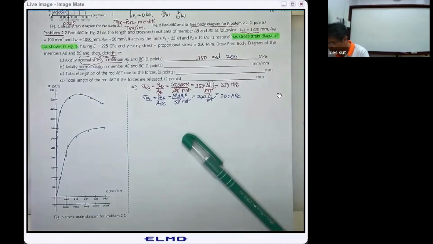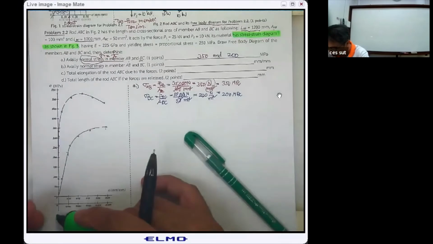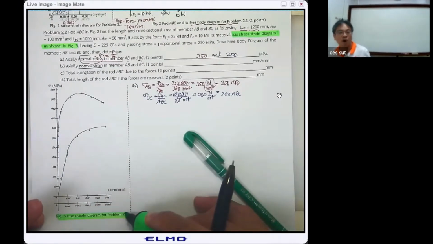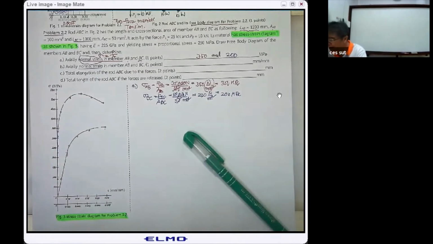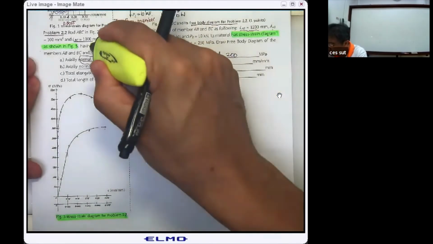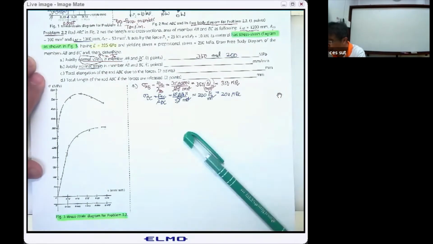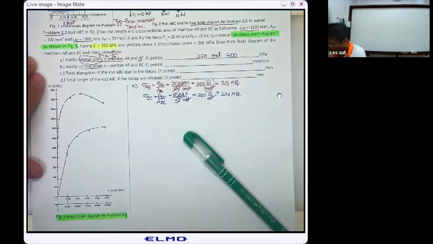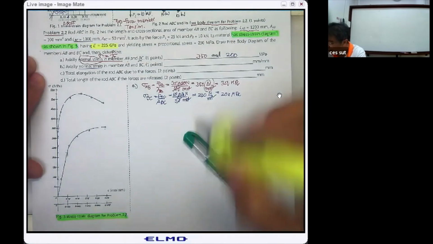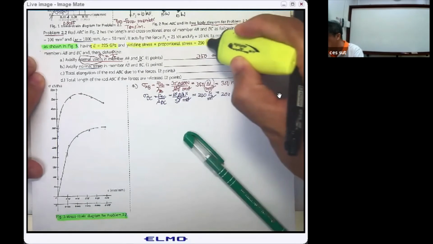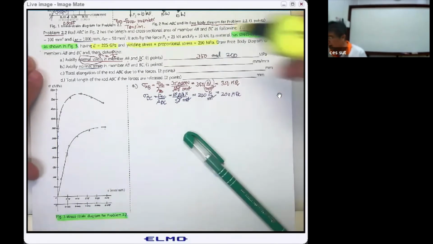Okay, we come to figure 3, which is going to be the stress-strain diagram of this problem 2.2. What they have is, it said the material has the E of 225 gigapascal, and it has the yielding stress equal to the proportional stress of 250 megapascal.